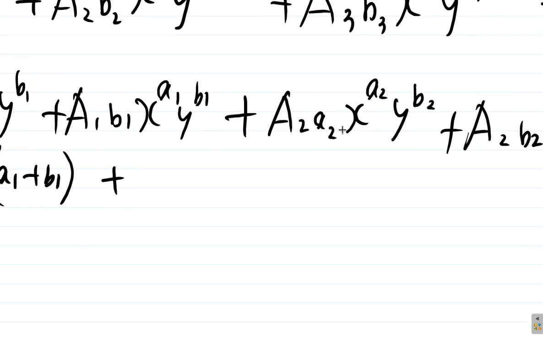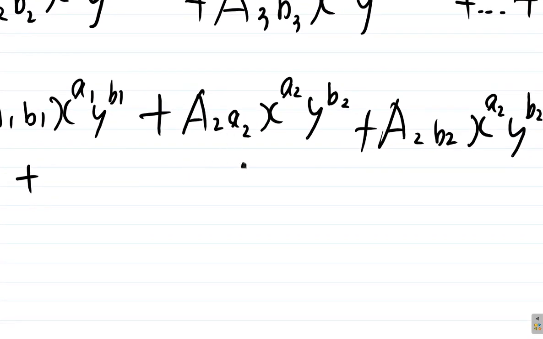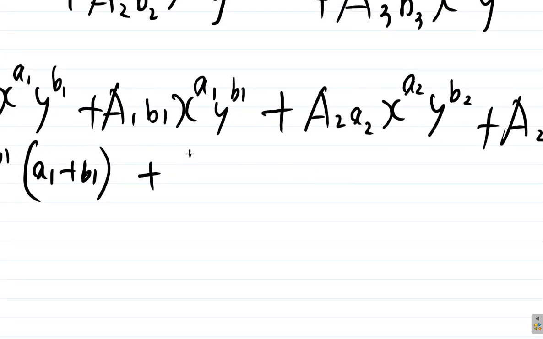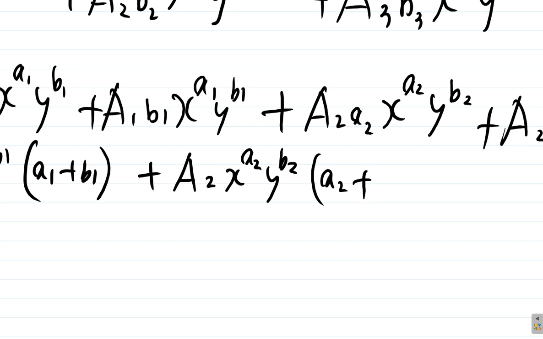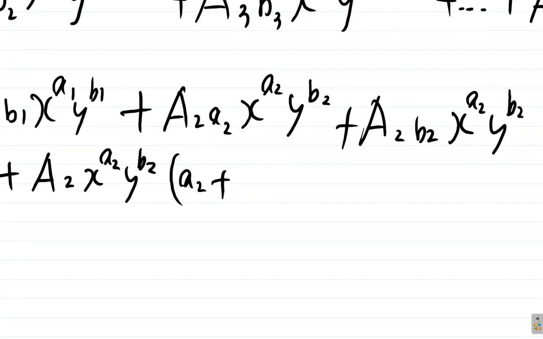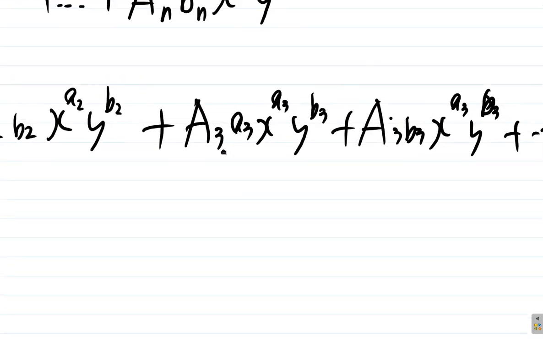Plus, now let's examine this part. a2, the common factors are a2 x to the a2 y to the b2, so a2 x to the a2 y to the b2, inside the bracket we have a2 plus b2, plus. Alright, what happens out here?